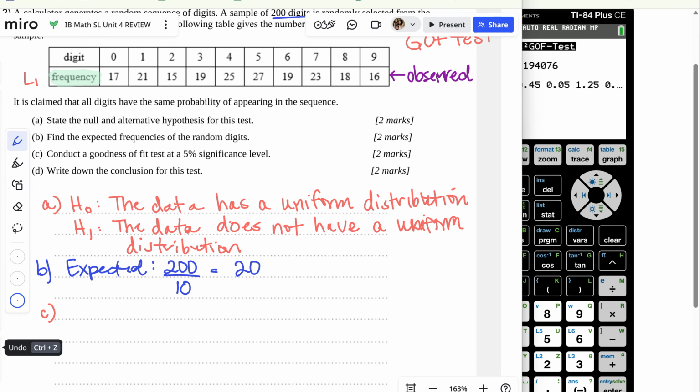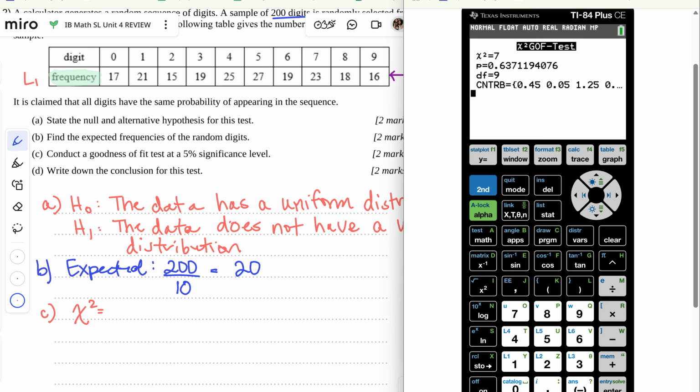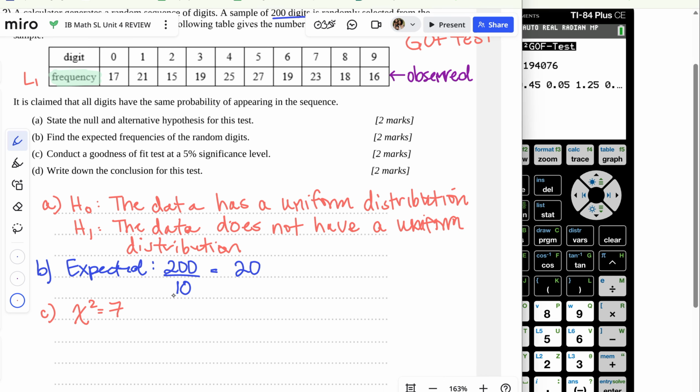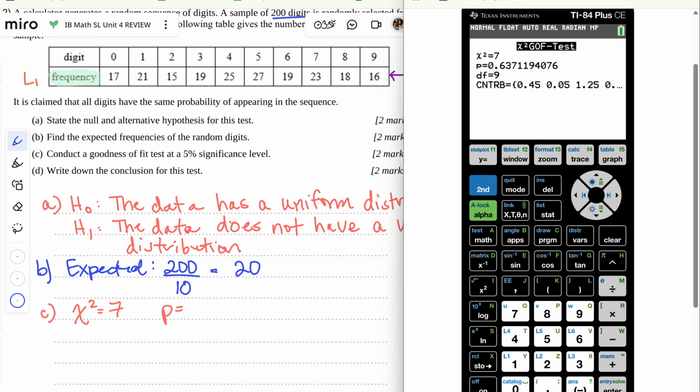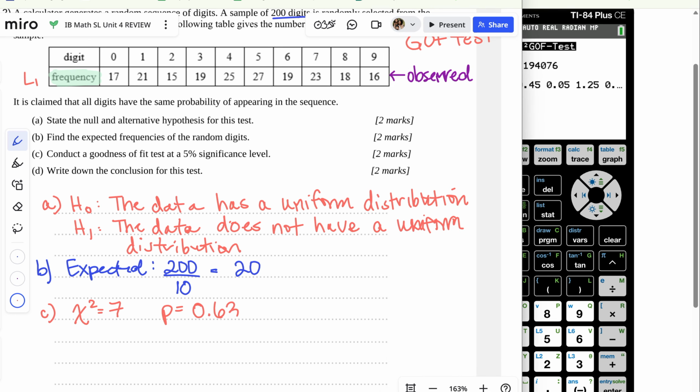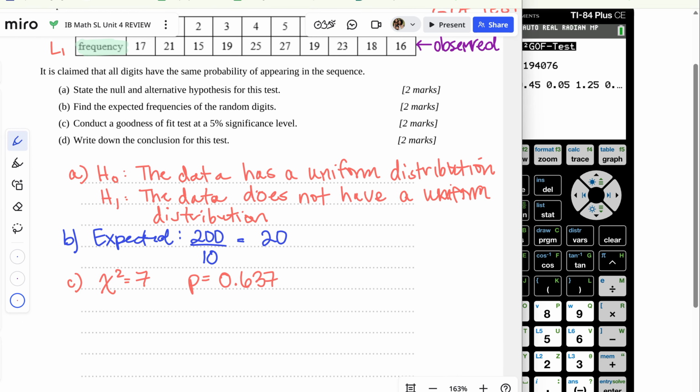Calculate that, and you get your chi-square test. The chi-square value is 7. Your p-value is 0.637. And we are going to compare that with our significance level of 5%.